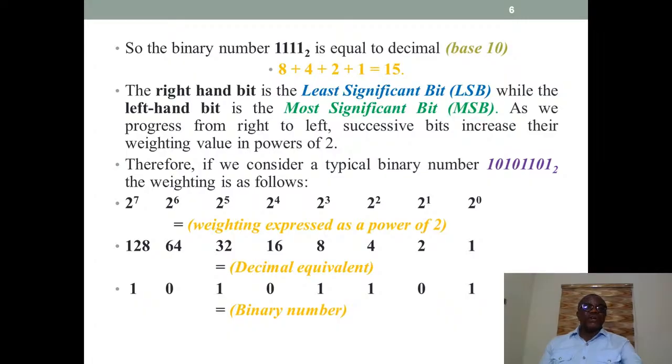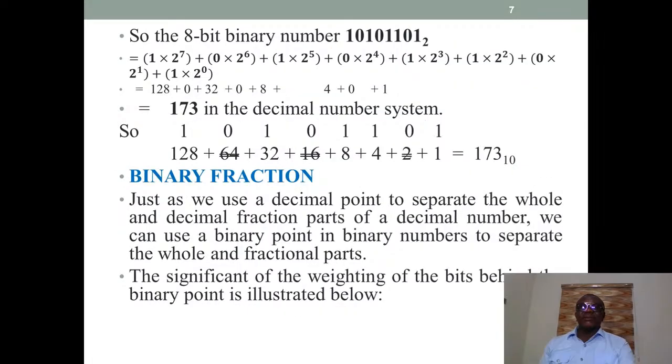If you continue, 2 raised to power 7 is 128. So if we put that binary number, 10101101, under them, you will see that it will give you, starting from the right, 1 times 2 raised to power 0, which is 1, and continue like that.